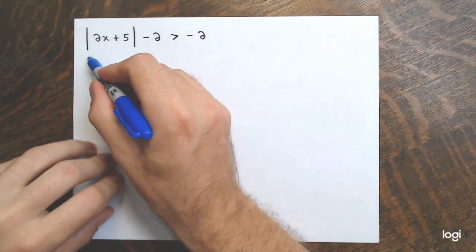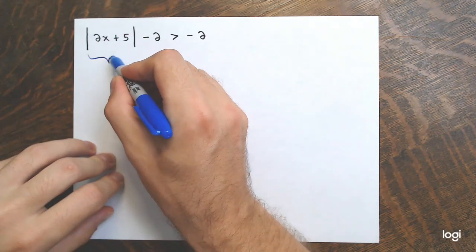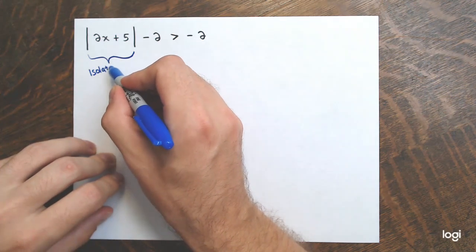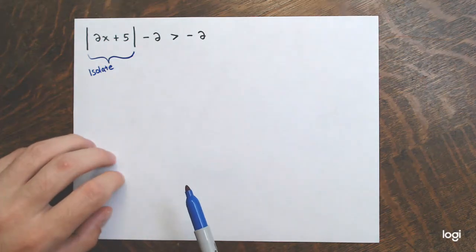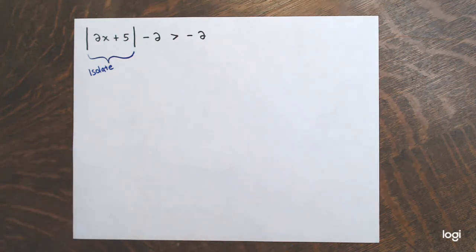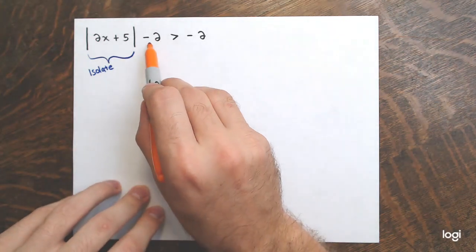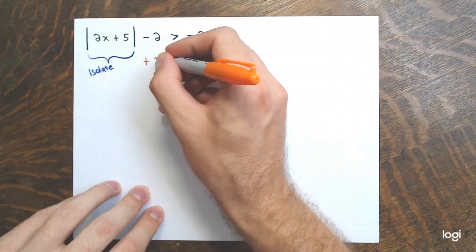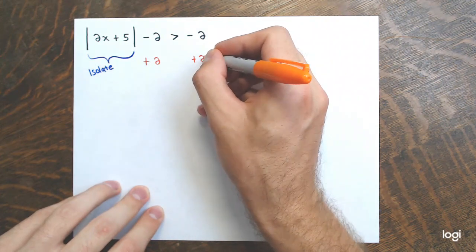Okay, so the first step I want to follow is I want to isolate this absolute value of 2x plus 5, get that alone on its own side. So that means I want to remove this term of negative 2, and to do that I would have to add 2 and do it to both sides.